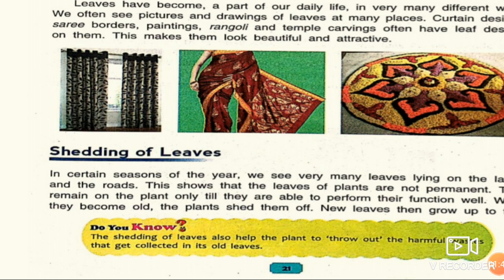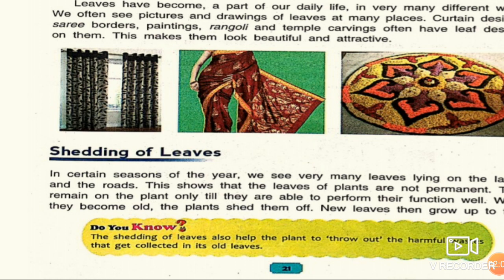You know, children, the main function of the leaf, they are known as the kitchen of the plant. The main function of the leaf is to make food, and they remain on the plant only till they are able to perform their function well. When they become old, the plants shed them off.